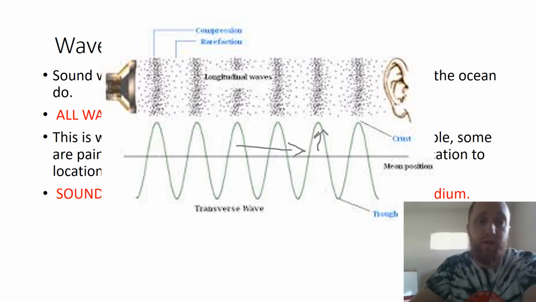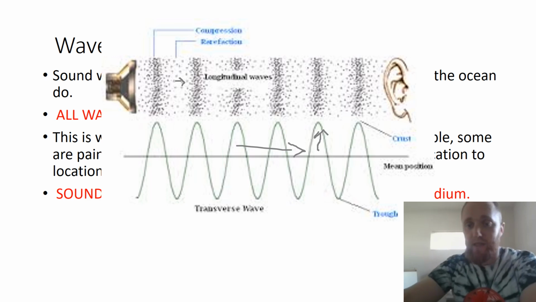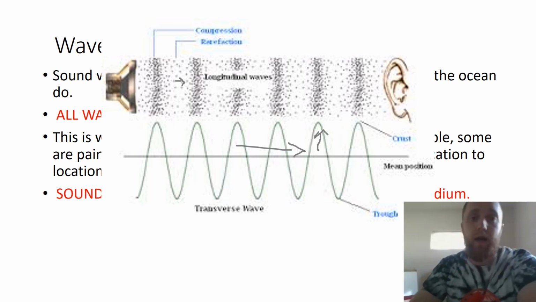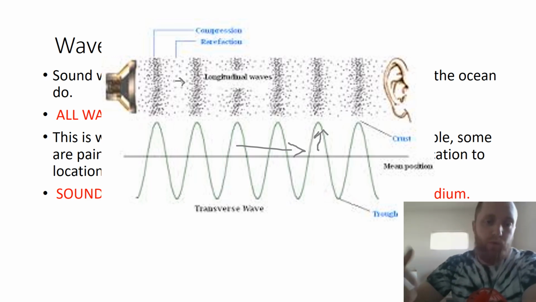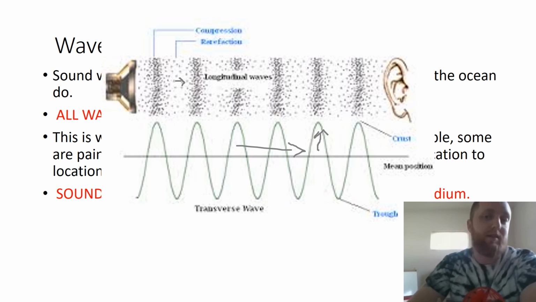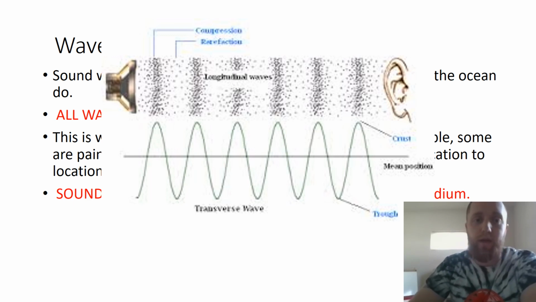In a longitudinal wave, these particles of air are moving forward and backwards. And so they'll move forward and bump into the particles next to them and then wind up coming back, kind of like a pendulum swinging back and forth. You just can't see them because they're so small, but that's what winds up happening with them. And so those are longitudinal versus transverse waves.